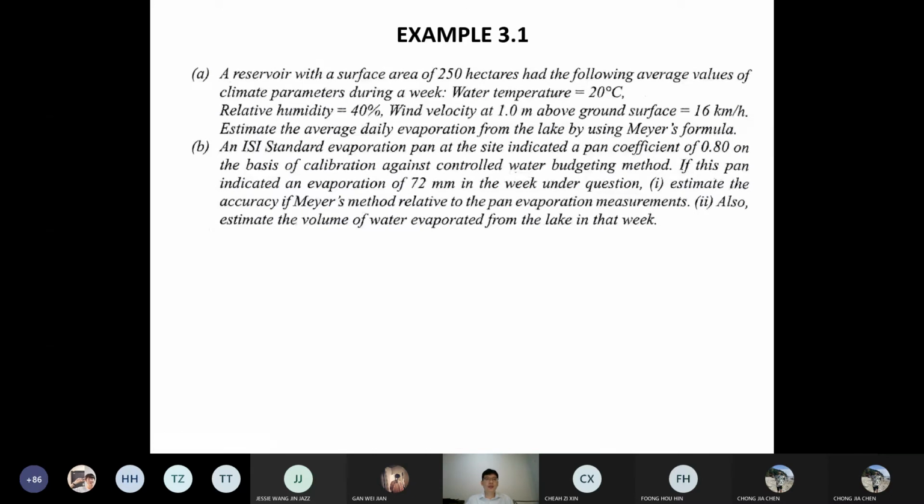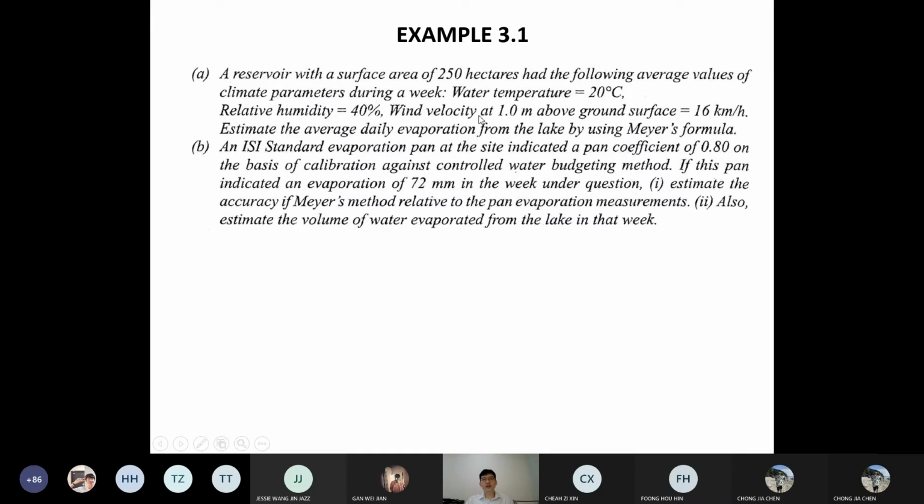Now here is a simple example of a reservoir. Let's see whether you can apply the knowledge to estimate the evaporation. For this reservoir, the area is 250 hectares, with climate parameters during a week: the water temperature is 20 degrees Celsius, and the humidity is 40.